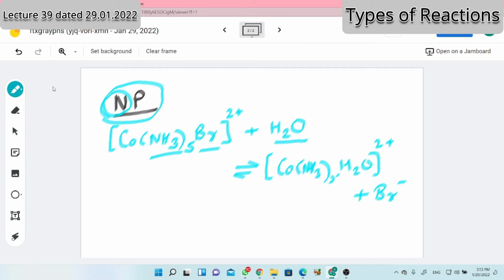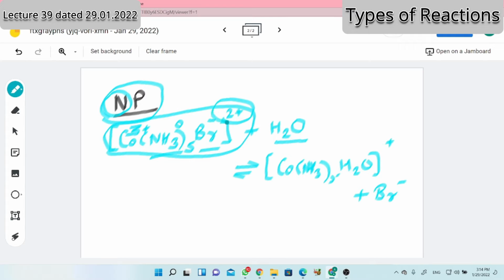Is this example clear? If not, say no, I will explain. Here one mistake is there. What should be the charge on this complex ion? Bromide carries a -1 charge, ammonia carries no charge, and cobalt should carry +3. So +3 charge and -1 charge, total is +2.